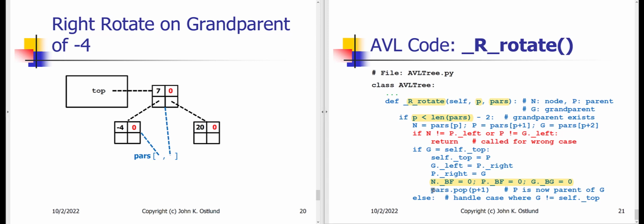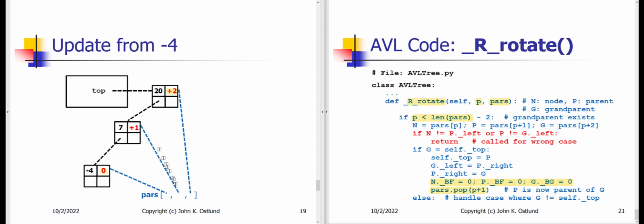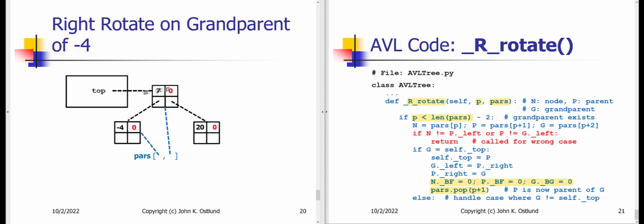So you'll notice that I've thrown in a pop here to get rid of this middle ancestor, because we no longer have a reference to that node. We no longer have a copy of 20's old left-hand side, because now 7 has been elevated and 7 is now at the top. And so our list of ancestors has been reduced.